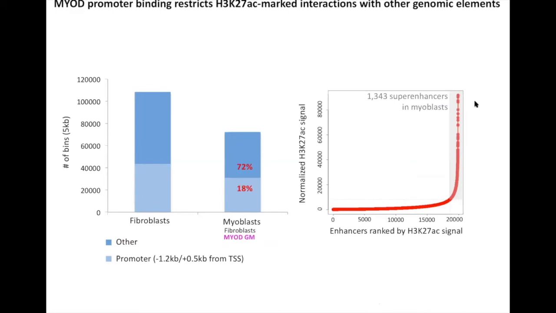So we initially decided to use the computational prediction of super enhancers in our system, which is MyoD-mediated commitment of fibroblasts into myoblasts. And we found that 1,343 super enhancers could be predicted by the ChIP-seq profile with the H3K27 acetyl antibody.